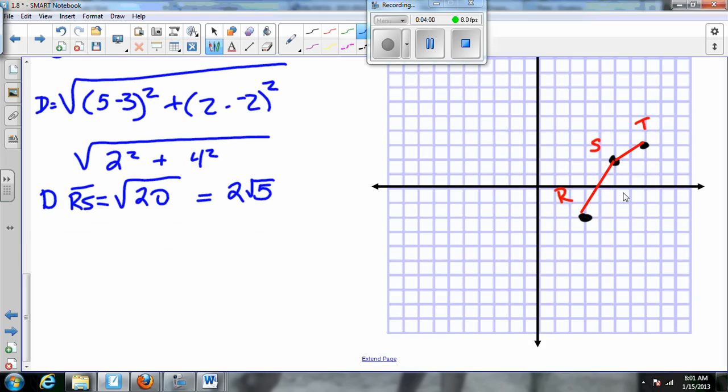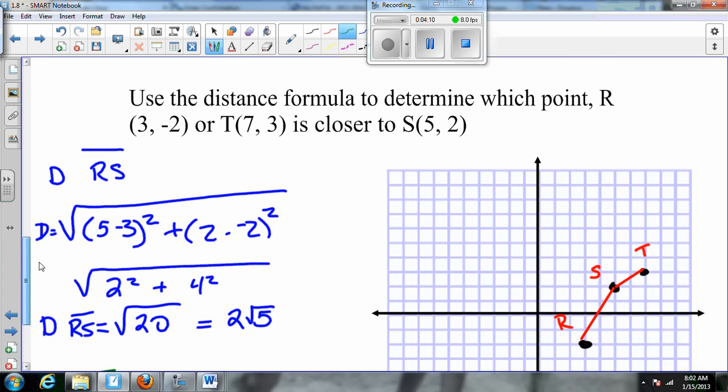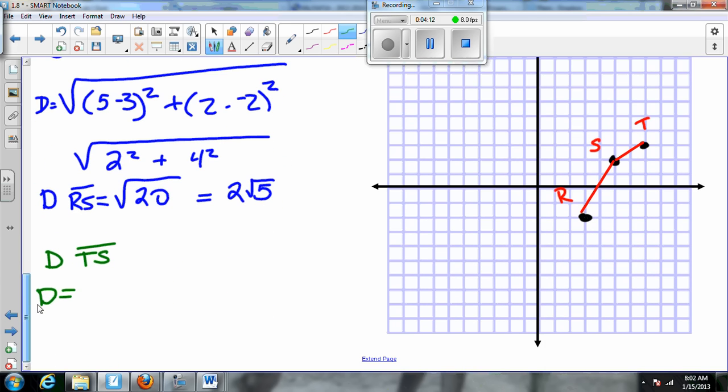If we use TS, 5 minus 7 quantity squared plus 3 minus 2 quantity squared.